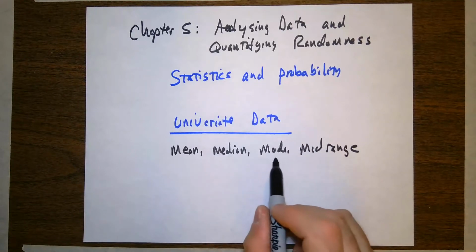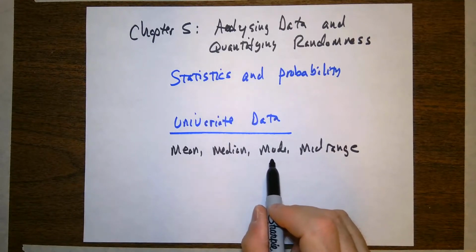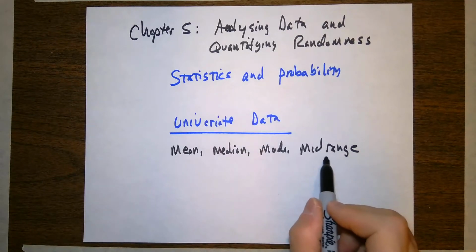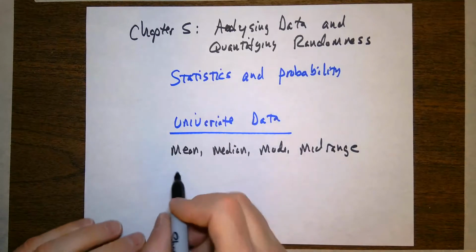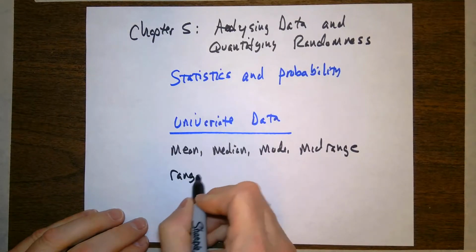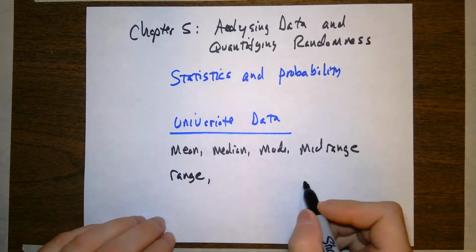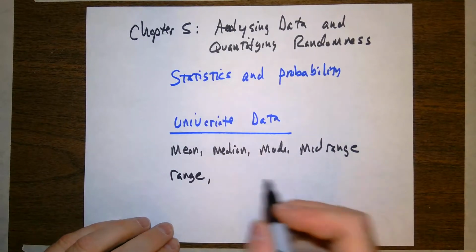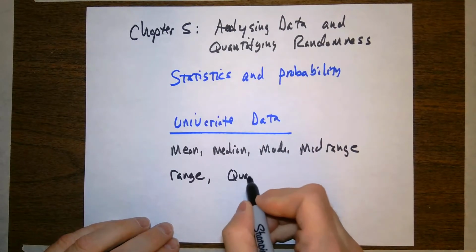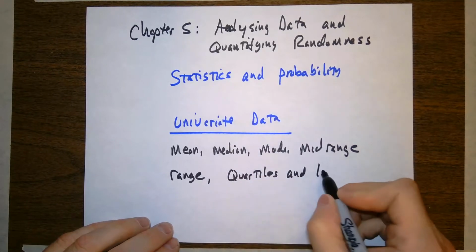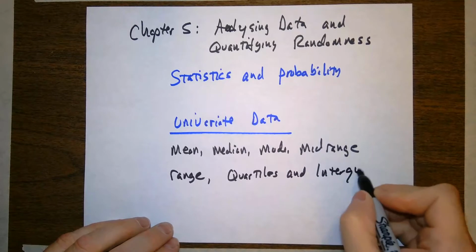The mode would be the most frequently occurring number. And mid-range, if I took the lowest and the highest, added them together and divided by 2. We also want to look at the range. That's a measure of dispersion. And I'm hoping we remember this other thing from Algebra 1, quartiles, and the interquartile range.